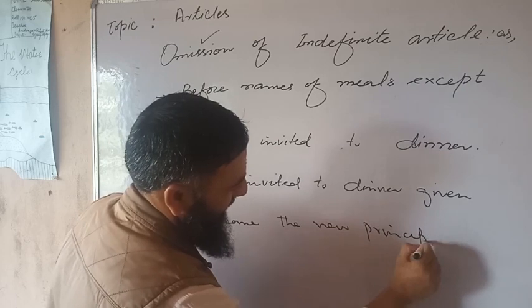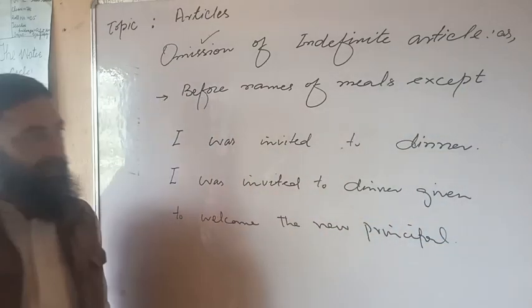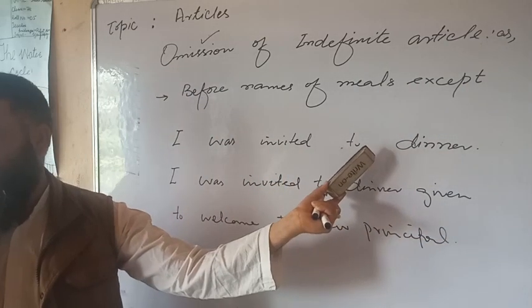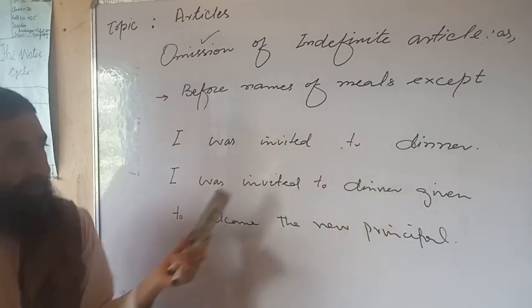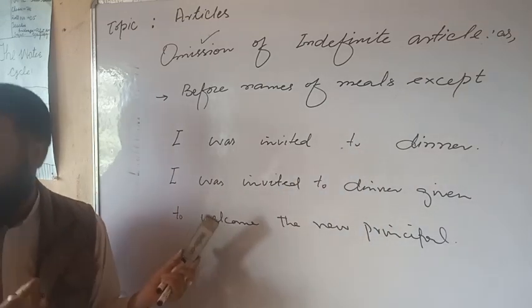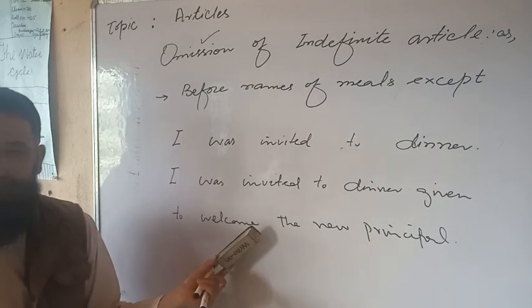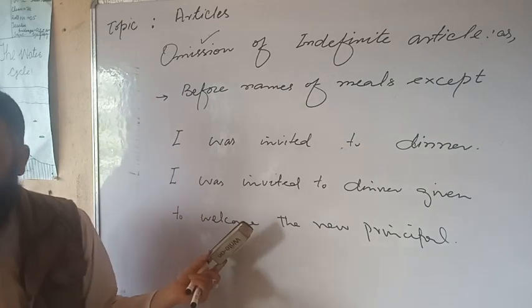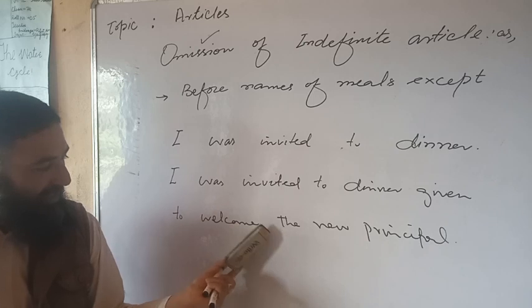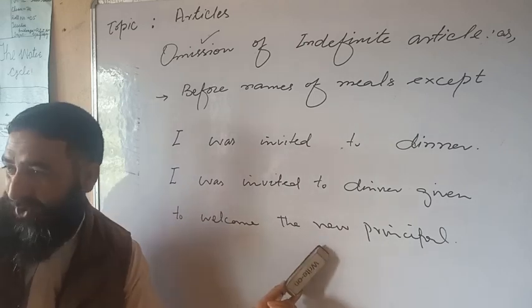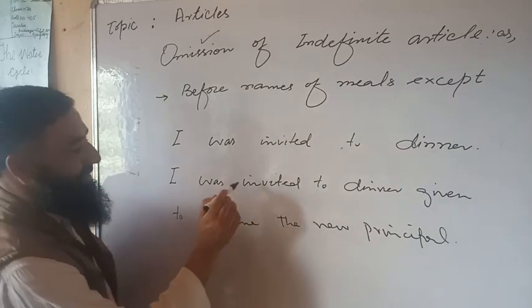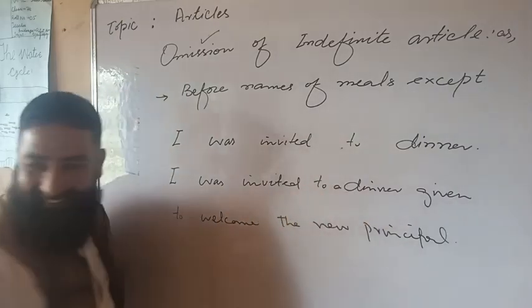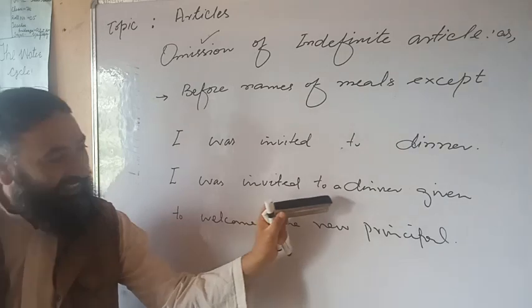See how the exception works. Here it's the ordinary dinner, not any special dinner, but here this is a special dinner. This dinner has been prepared just to welcome the new principal. So you will use, I was invited to a dinner. Sorry, I forgot to write the article here.